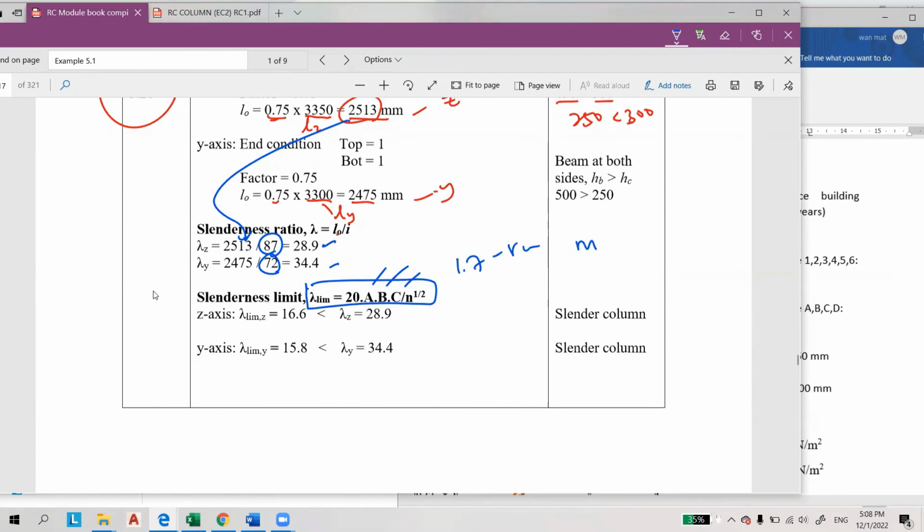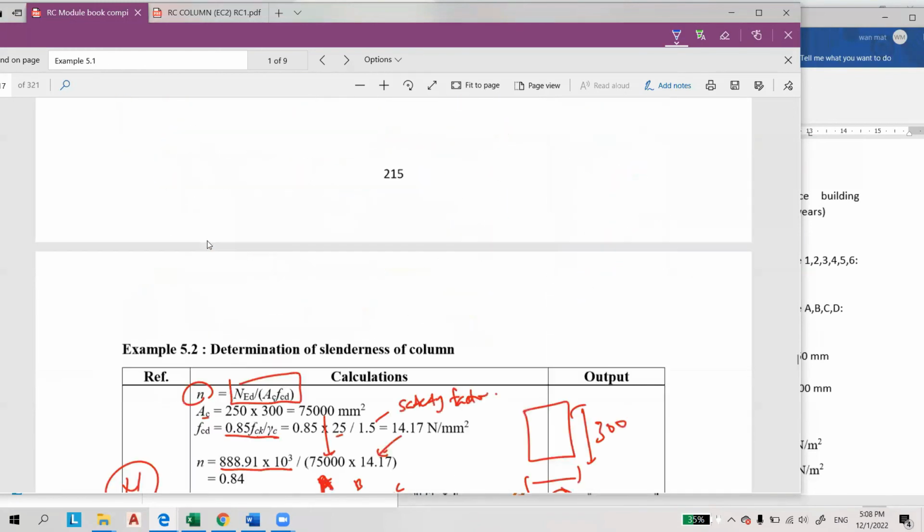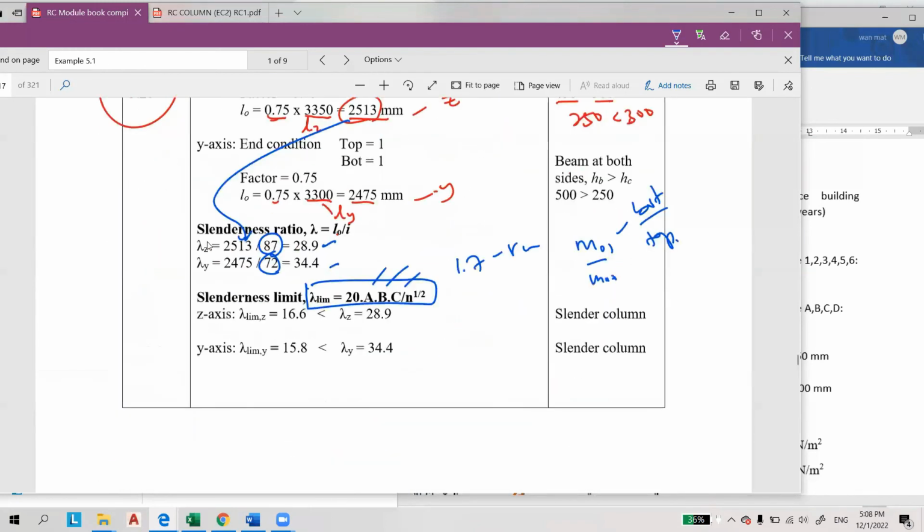Rm is equal to M01 divided by M02, the bottom divided by the top. So you can compare to the limit. It's still greater than the limit, so both directions are slender columns.